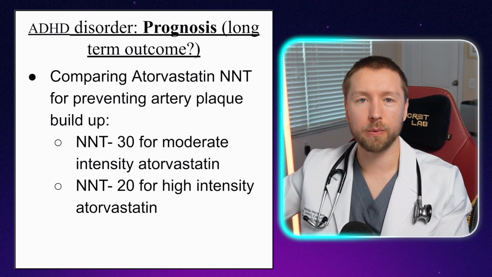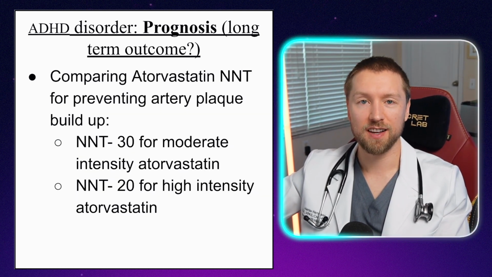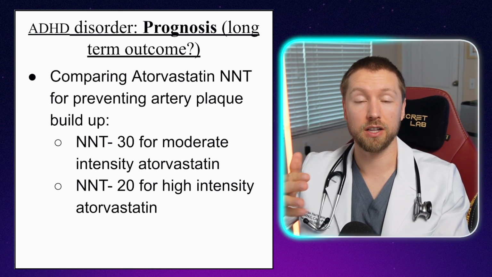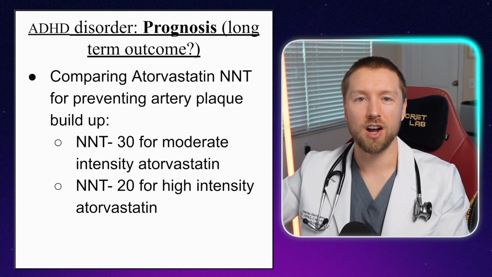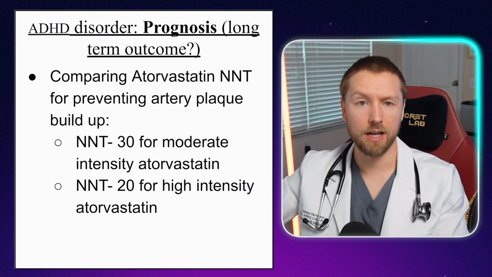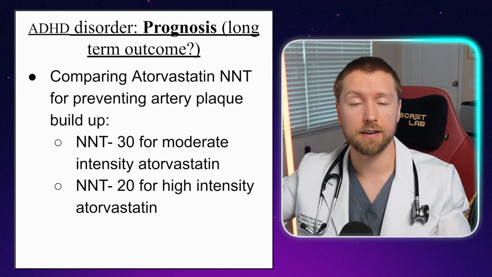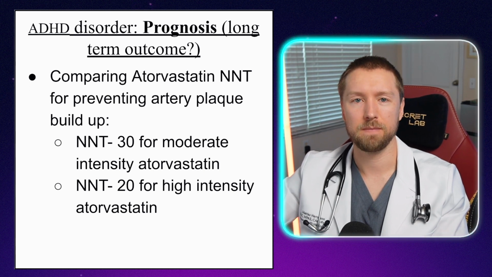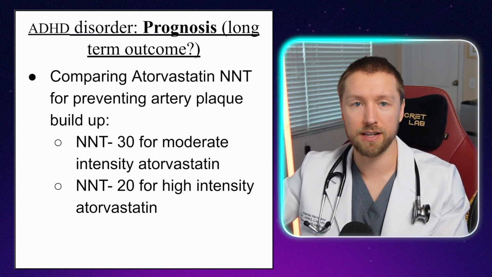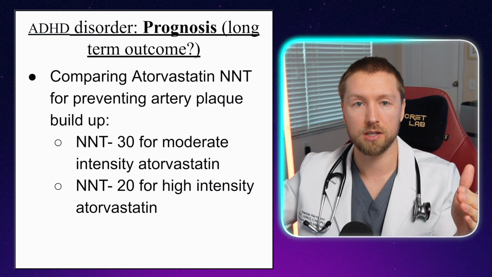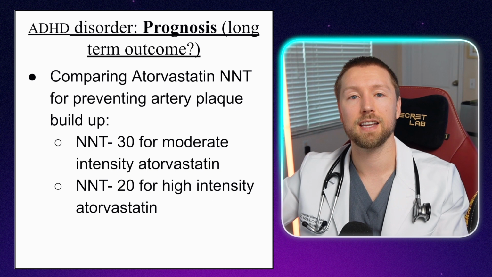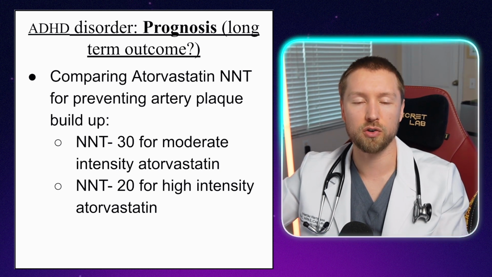If you're not familiar with the number needed to treat, here we're going to compare it to the number needed to treat of atorvastatin to prevent artery plaques from building up so you don't have a heart attack. The number needed to treat is 30 for atorvastatin if you're using a moderate intensity dose, meaning you have to treat 30 patients to prevent one from getting atherosclerosis, which is artery plaques.